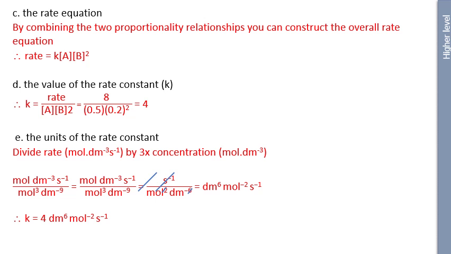The units of the rate constant are going to be dividing the rate, which is moles decimeters cubed seconds to the minus 1, by the concentration, moles per decimeters cubed, cubed. Do the fancy algebra, and you get decimeters to the power of 6, moles to the minus 2, seconds to the minus 1. So it's third order. Therefore, K is 4 decimeters to the 6, moles to the minus 2, seconds to the minus 1.